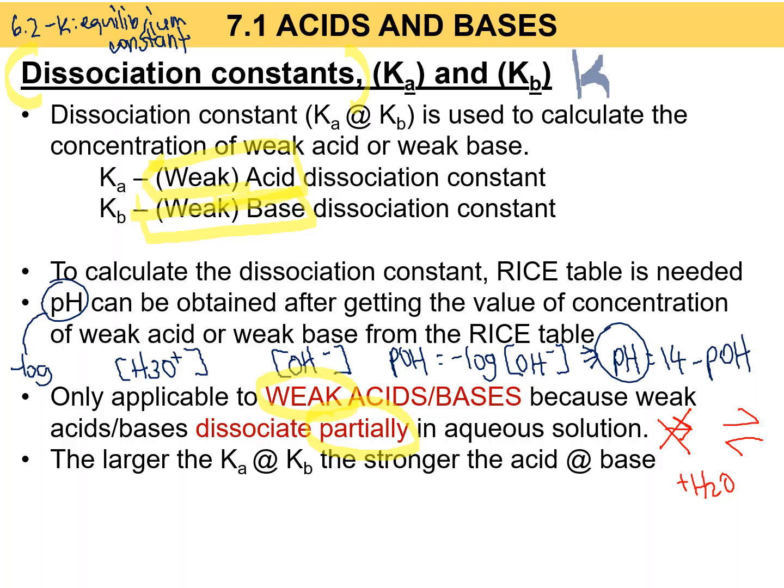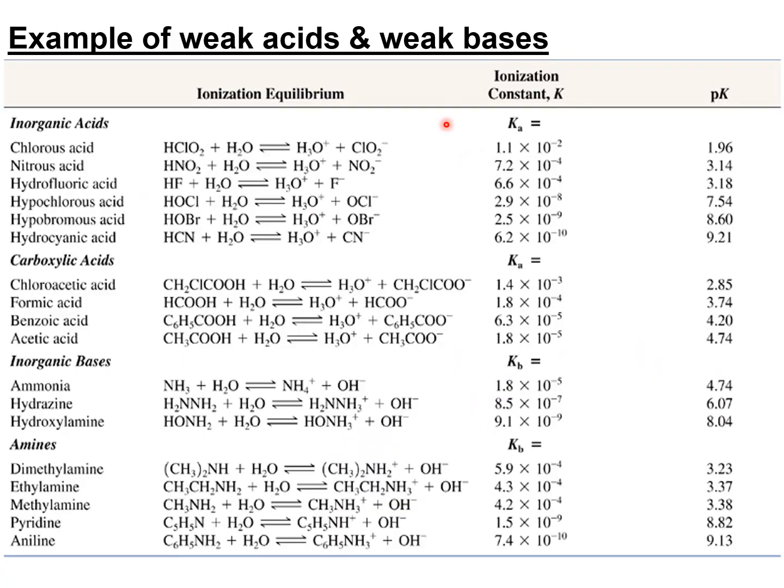Okay, just now we have learned that tadi ada statement bagi tahu, dia kata kalau value of Ka atau Kb ni dia tinggi, bermaksud the stronger lah the acid ataupun base tersebut, walaupun dia adalah weak acid ataupun weak base.